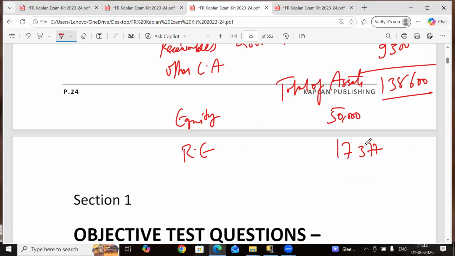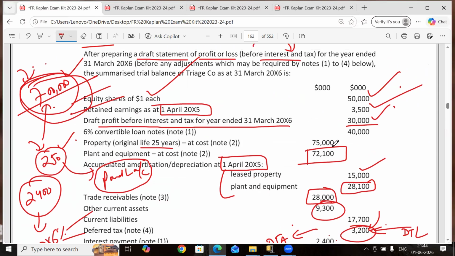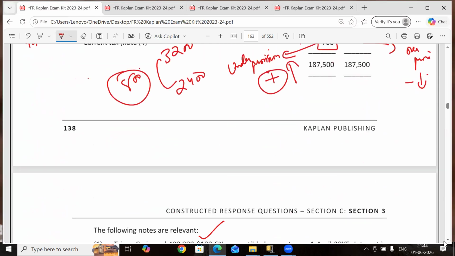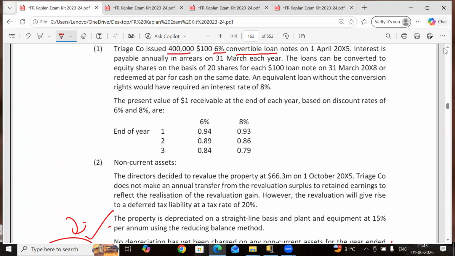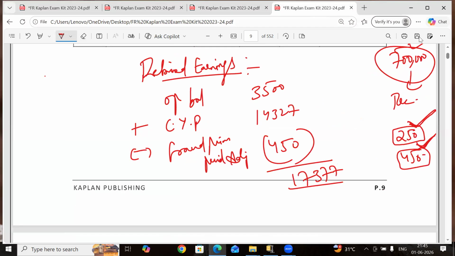Next part. Now, retained earnings is done. You remember we started our calculation with the equity element.